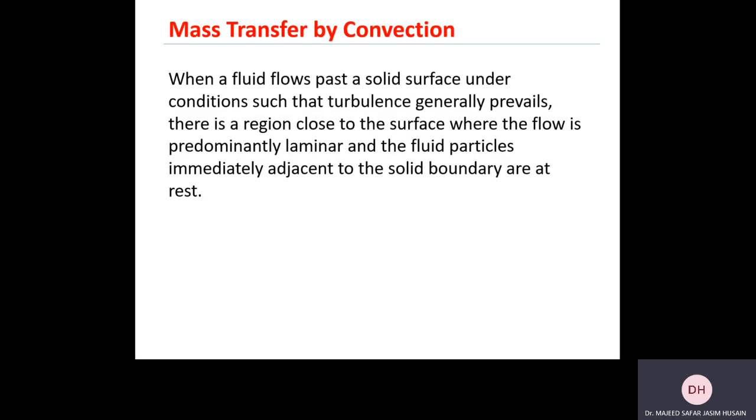So when a fluid flows past a solid surface under conditions such that turbulence prevails, that means if the fluid is moving quite fast, turbulence is created. There is a region close to the surface where the fluid is predominantly laminar.